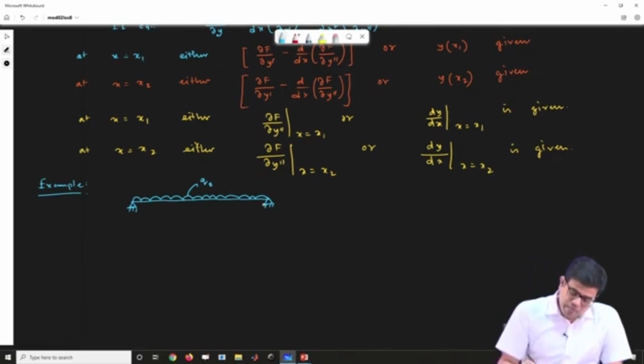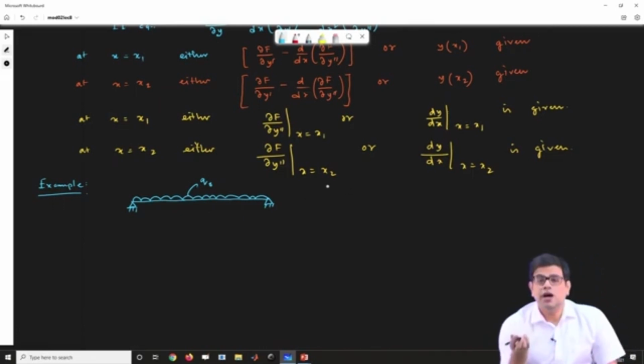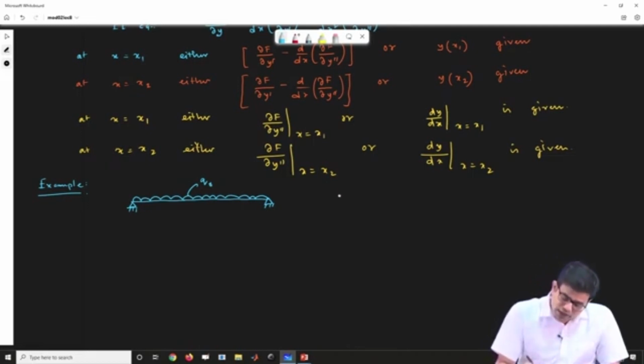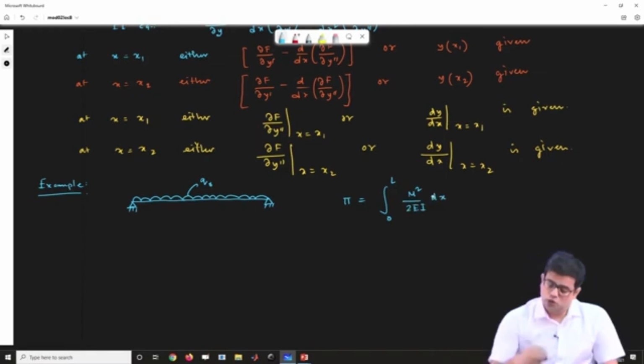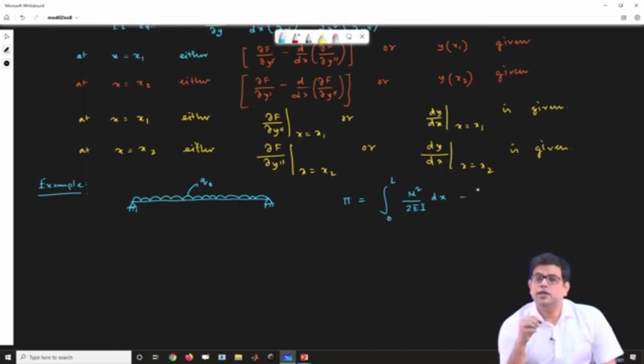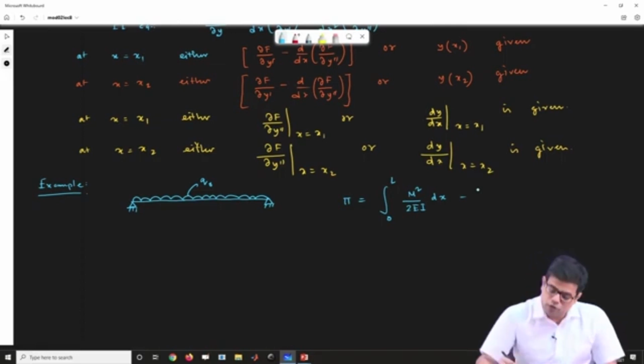I will come up with the boundary conditions from the energy functional. So, what is the potential energy associated with this beam? We all know that the strain energy is the integral from 0 to L of M²/2 dx. The potential energy will be strain energy plus the negative of the work done.